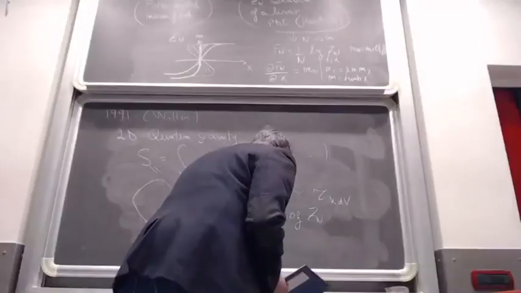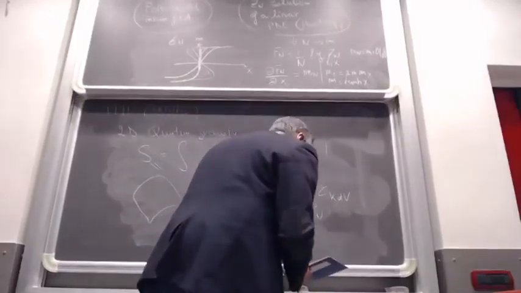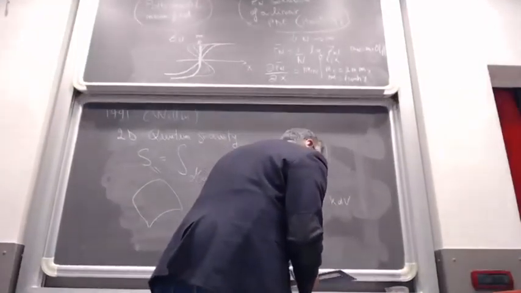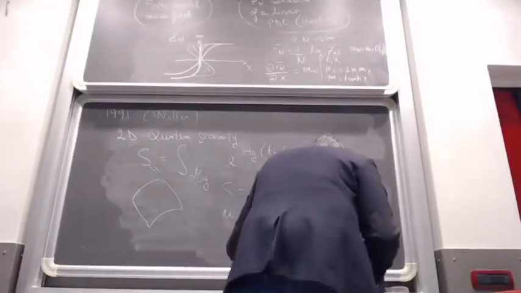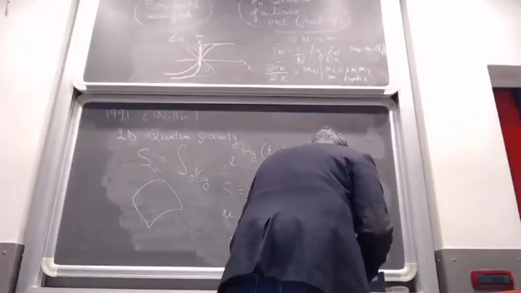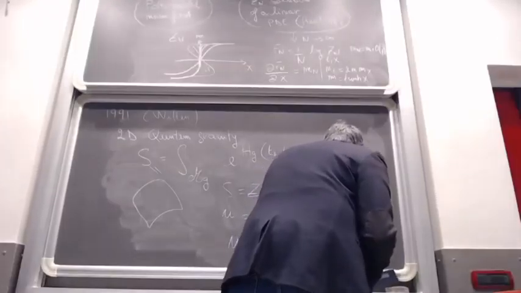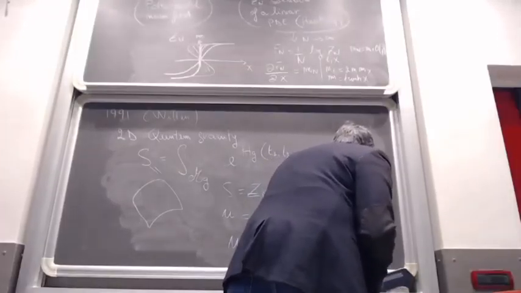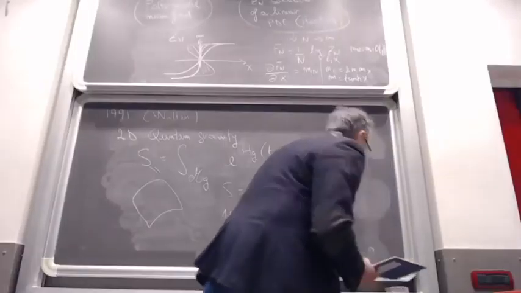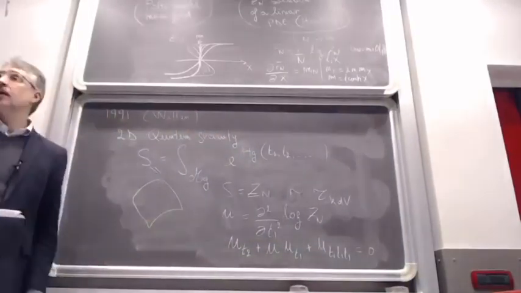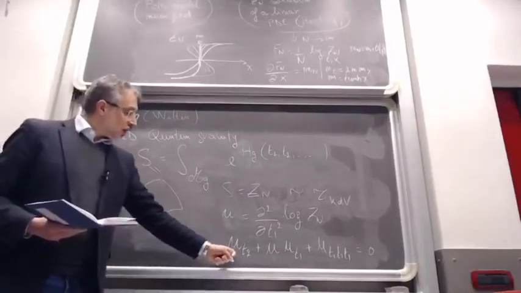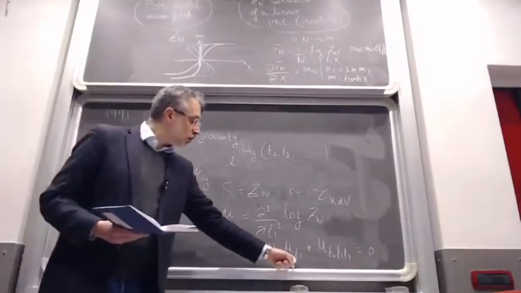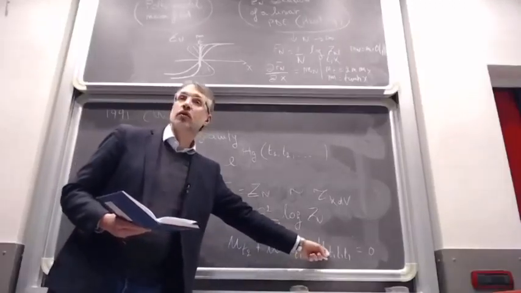The first member of the hierarchy is the KdV equation, exactly written in this way: u_t2 plus u u_t1 plus u_t1t1t1 equal to 0, where the subscripts are the partial derivatives. So you see that we have u_t2 plus u u_t1 plus a third order derivative.